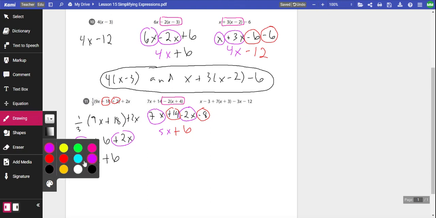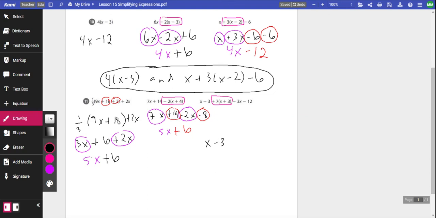So again, I'll start with my distributive property. I'm going to write it a little below just because I'm running out of space here. Still have the x, still have minus 3, and then 7 times x is plus 7x, and 7 times 3 is plus 21, and then I still have minus 3x minus 12. So like terms, we got an x, we got a plus 7x, we got a minus 3x.